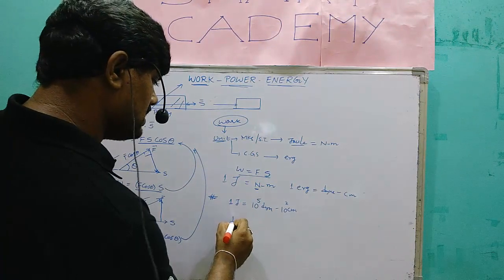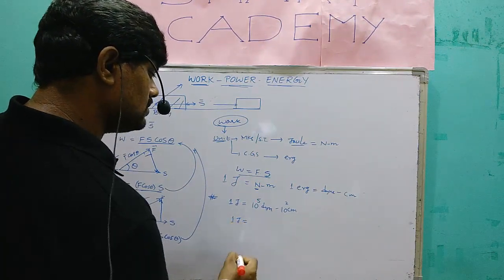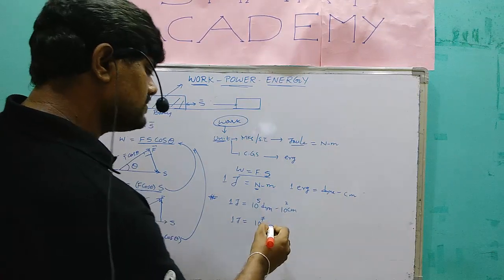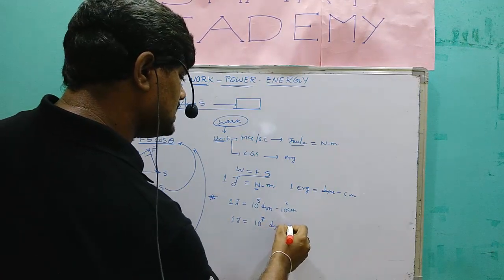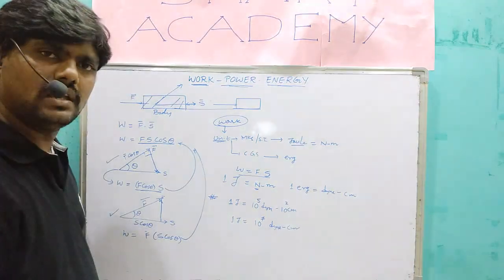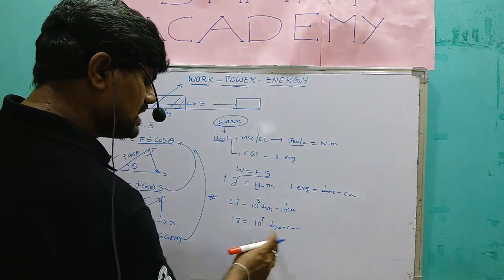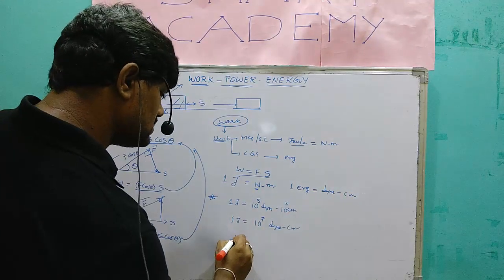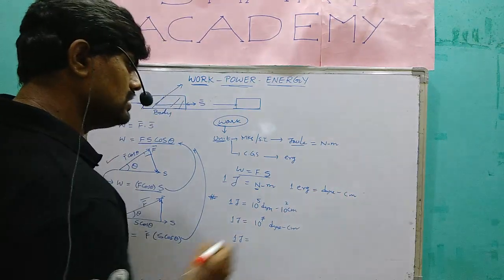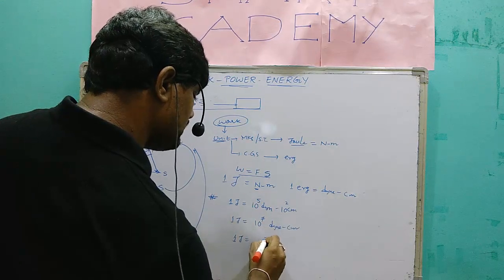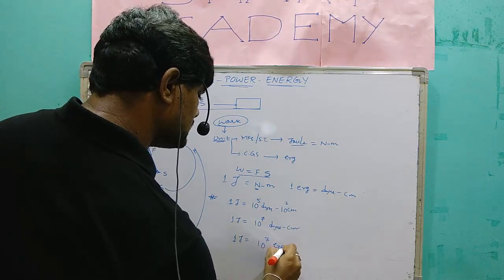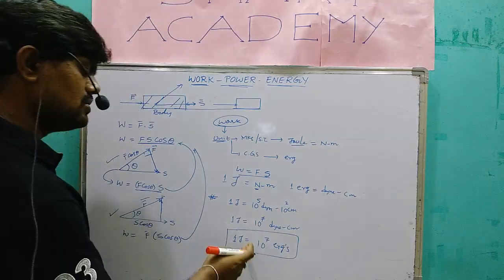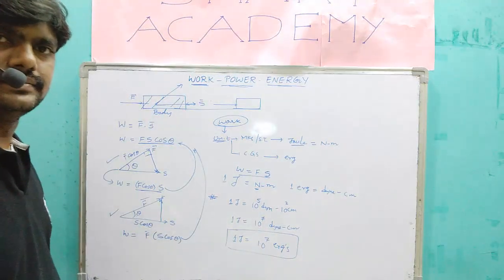So then 1 joule equals 10 power 5 into 10 power 2, nothing but 10 power 7 dyne centimeter. This dyne centimeter we can write as erg. So 1 joule equals 10 power 7 ergs. This is the relation between the joule and erg.